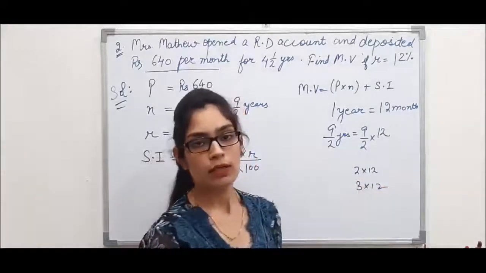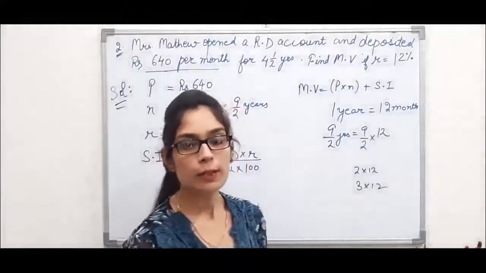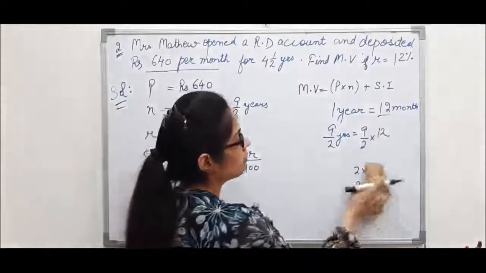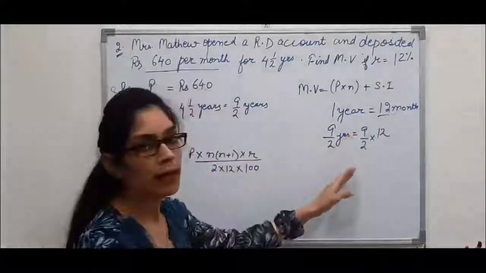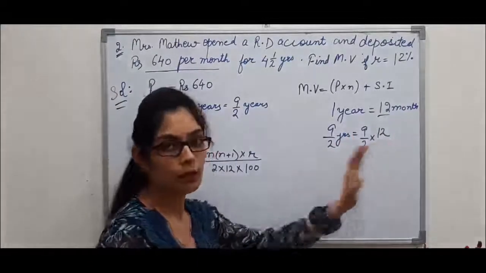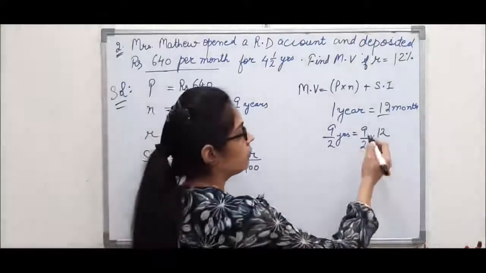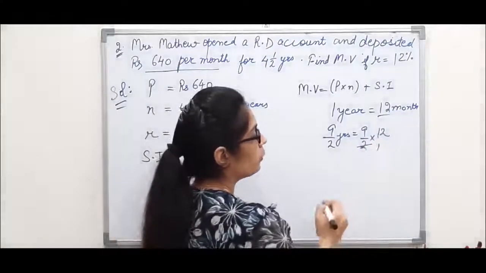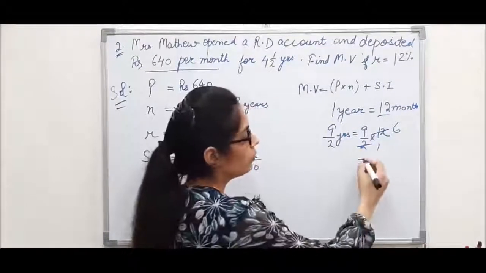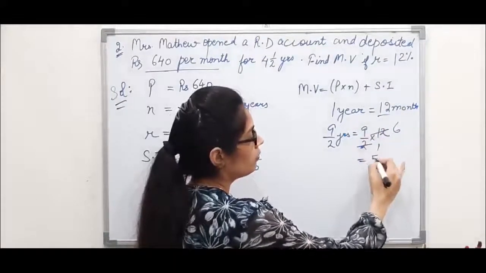Whenever you are converting years into months, just multiply the given number of years by 12. Since they have given us 9 by 2 years, we have to multiply 9 by 2 into 12. So we will do cancellation. 2 into 1 is 2, 2 into 6 is 12. So it will be 9 into 6, 54.